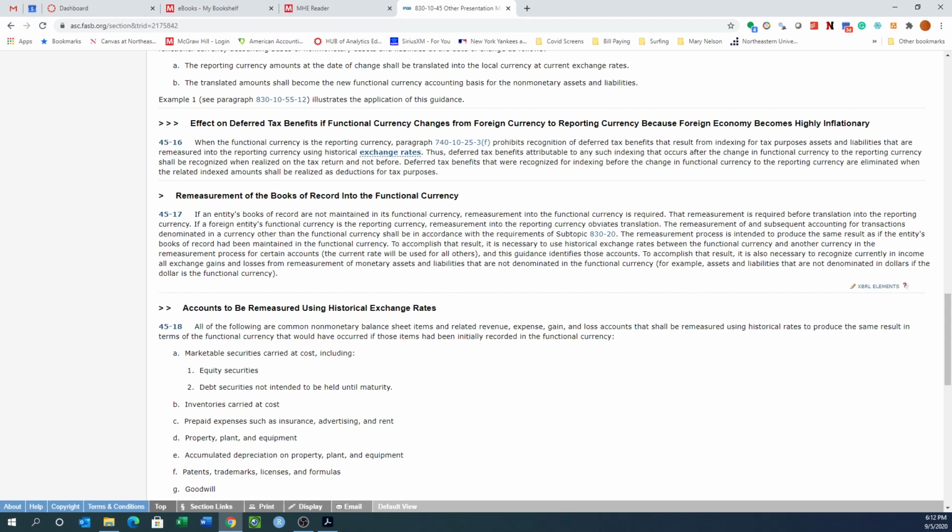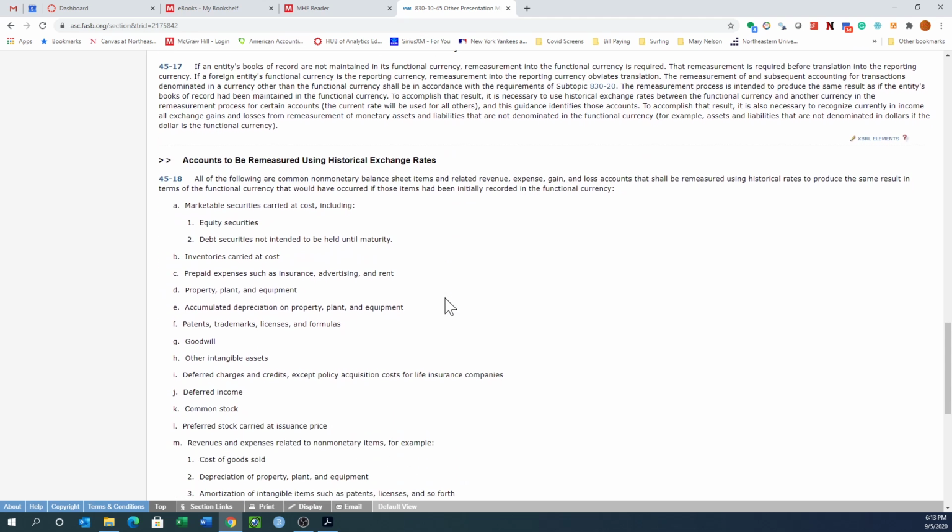Whenever they were purchased. So these are the different kinds of accounts that need to use historical exchange rates. Everything else needs to use the current exchange rate, whatever the current balance sheet spot rate is for that particular date. Other than the things that are listed, everything else needs to use the current rate. So here are the things that need to use the historical exchange rates.